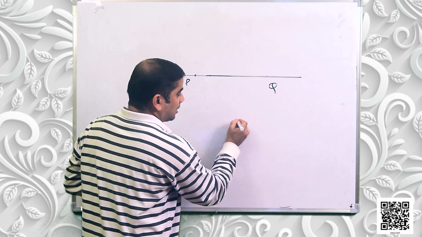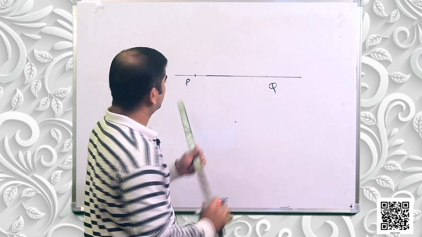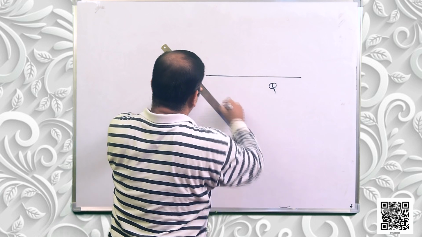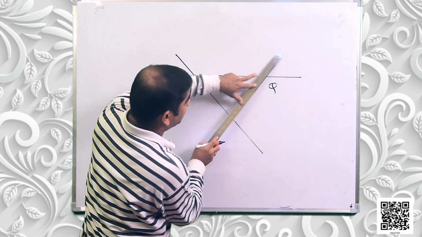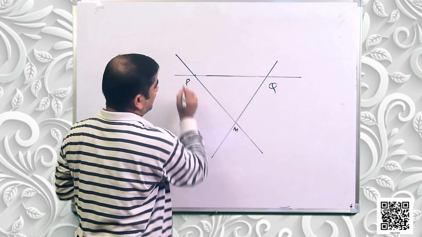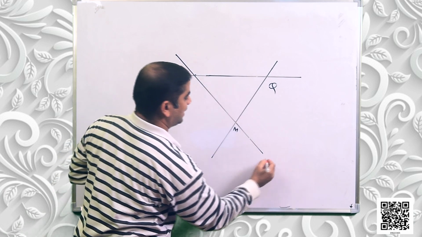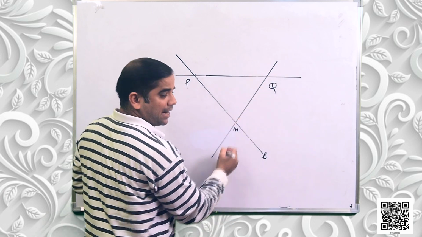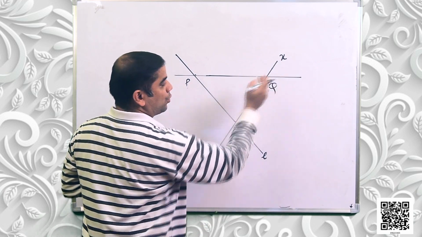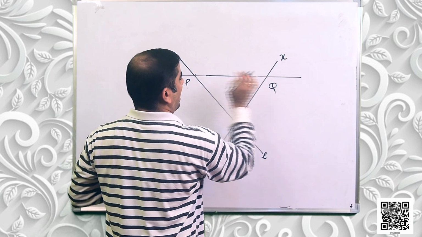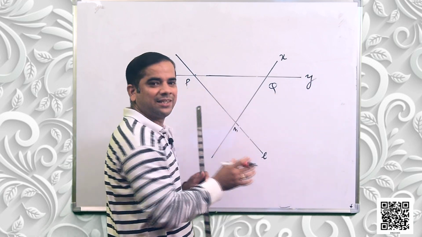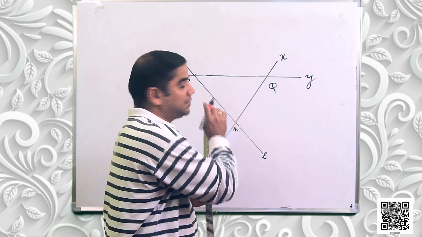Suppose I have a point over here, so I can say that these 2 points lie on another line. Same way, these 2 points lie on another line. Suppose this is M, so I can say that P and M lie on line, suppose this is L. Q and M lie on another line, suppose this is X, and P and Q lie on another line named Y. So 2 points lie on a single line.